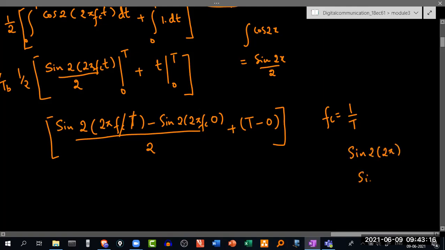And we all know that 2 pi radian is as good as 360 degree. And if you have multiples of this 360 degree, or if this 360 degree is getting multiplied with any scalar value, it is still sine 360 degree itself. And 360 degree and 0 are one and the same.